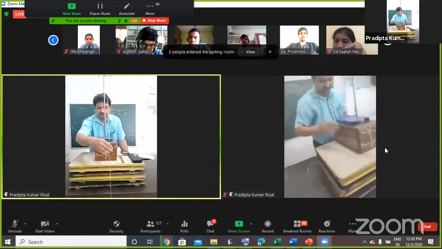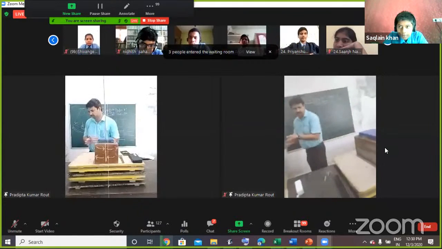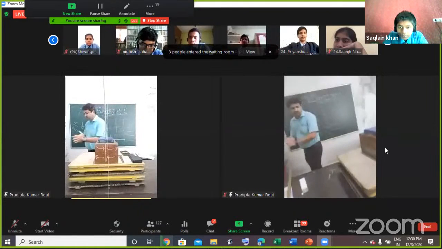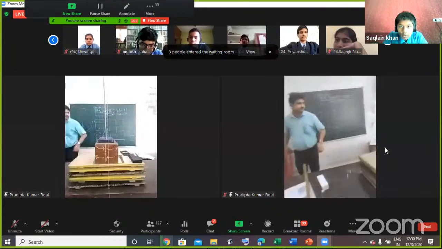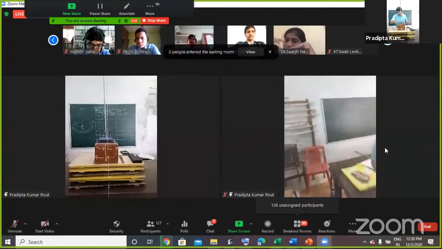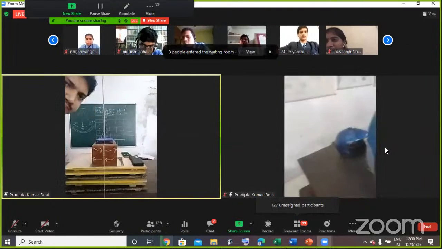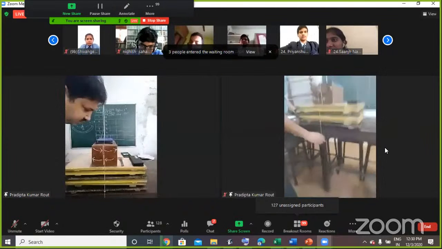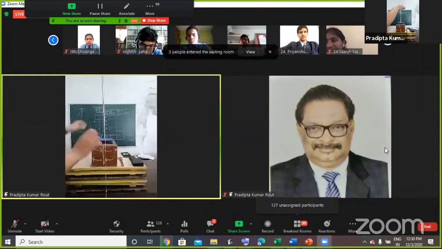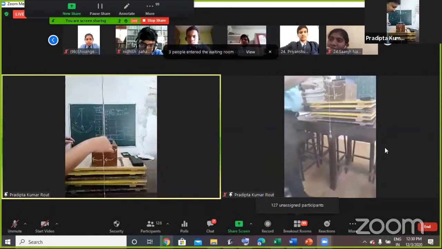Children, I hope it is now visible. Yes, sir. Okay, let me go ahead. Children, now can you see properly? Actually, the bob is not visible. As I reduce the length, after that the bob will be visible. Now it is going beyond the range, but anyway, no problem.